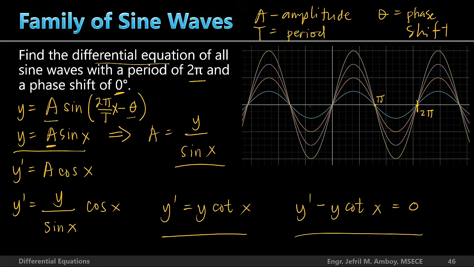Nung makapag-differentiate ka, eliminate the arbitrary constant using substitution or elimination method. And finally, ang makukuha mo na is yung differential equation na walang arbitrary constant. No? And once again, this differential equation describes all these sine waves whose period is 2 pi and whose phase shift is 0. So, di ba madali lang?